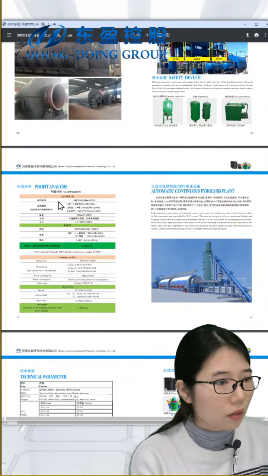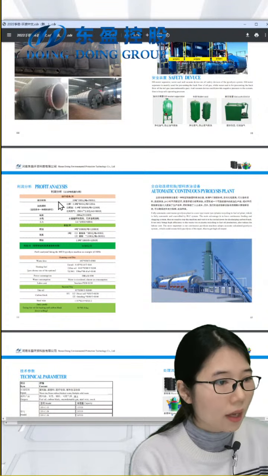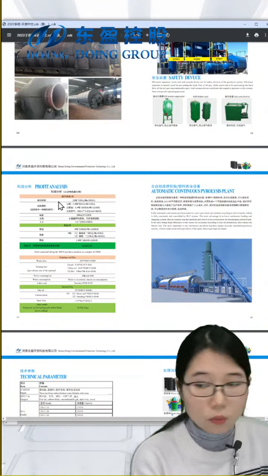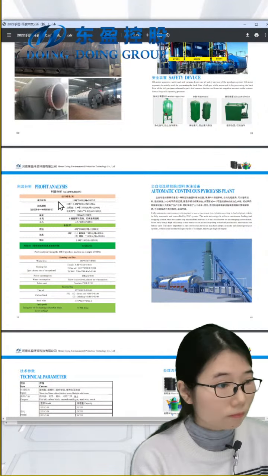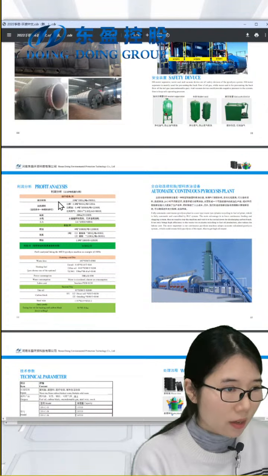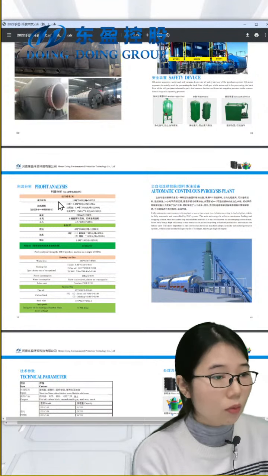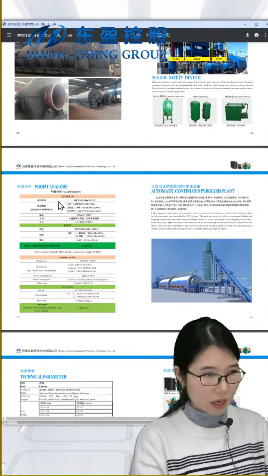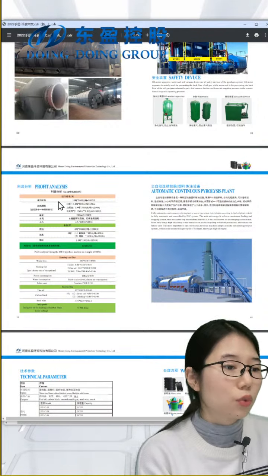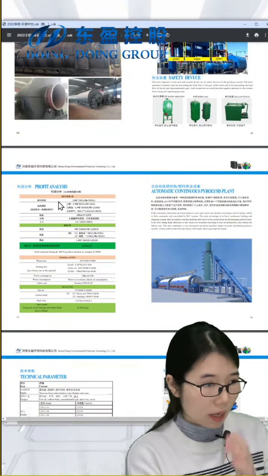So for your running cost, just like raw materials, heating fuel, electricity and labor costs, you will get pyrolysis oil, carbon black, and steel wire. You will get 4 ton to 4.5 ton pyrolysis oil. The pyrolysis oil price is 3,000 Chinese yuan per ton, so you will get 12,000 Chinese yuan per day.